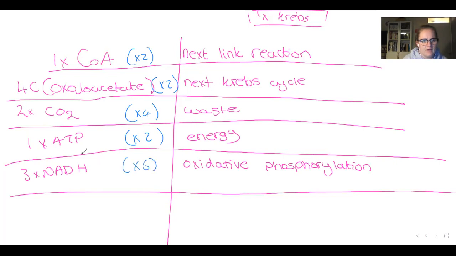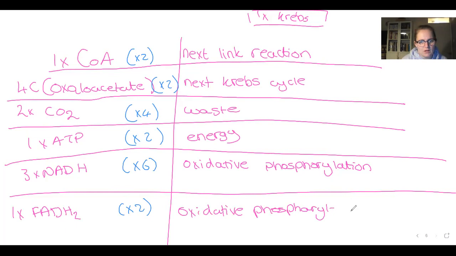And then finally, the last thing we've got is 1 molecule of reduced FAD, which per glucose molecule would be 2. And that is going to be used also in oxidative phosphorylation, which is our final stage of aerobic respiration.